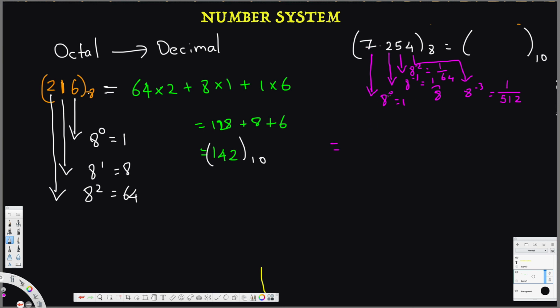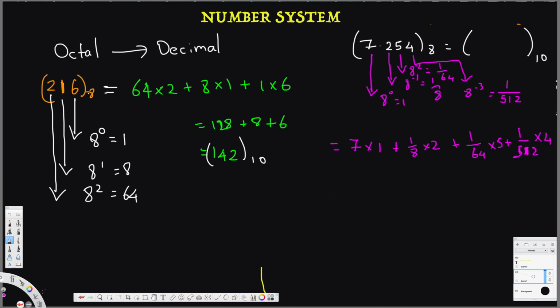7 taking the place of 8 power 0, that's 1. So 7 times 1, plus the 2 taking the place of 8 power -1, that is 1/8 times 2, plus 1/64 times 5, plus 1/512 times 4.